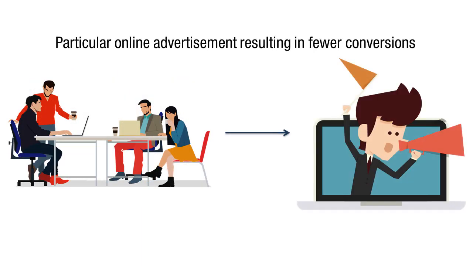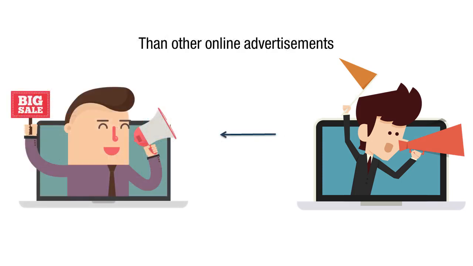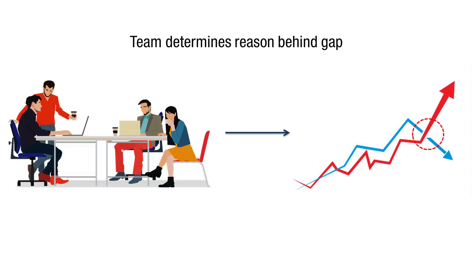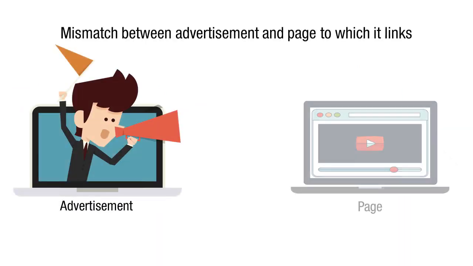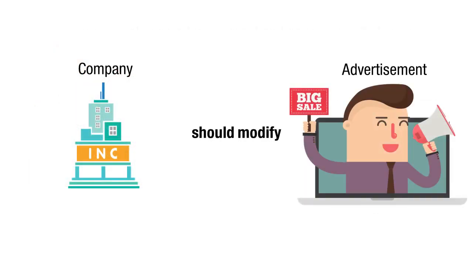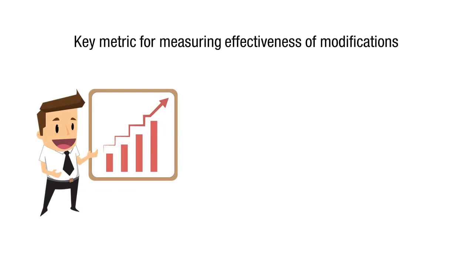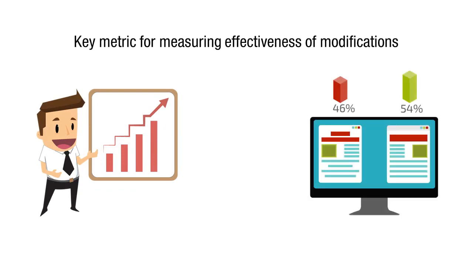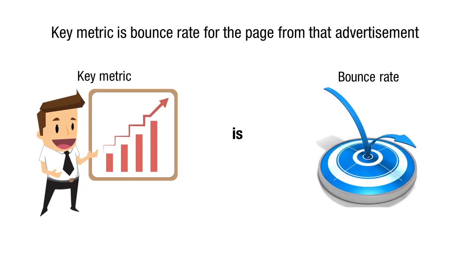If the digital marketing team observes that a particular online advertisement is resulting in fewer conversions than other online advertisements, and they've determined that the reason behind the gap is a mismatch between the advertisement and the page to which it links, then the company should either modify the ad or the web page. A key metric for measuring the effectiveness of these modifications would be the bounce rate for the page from that advertisement.